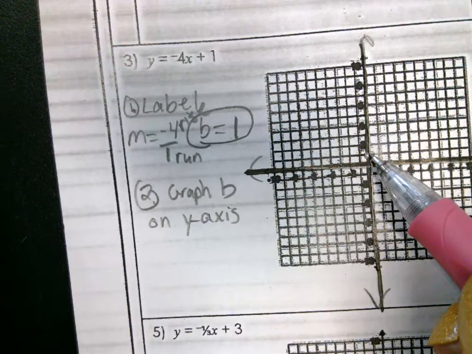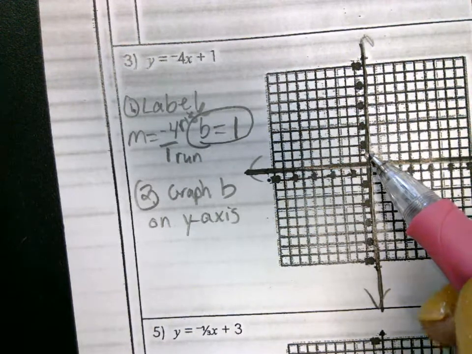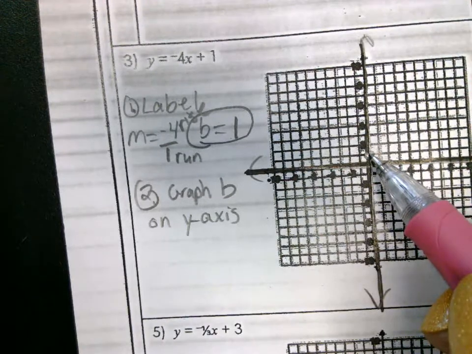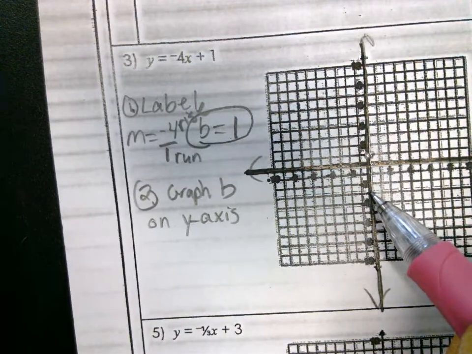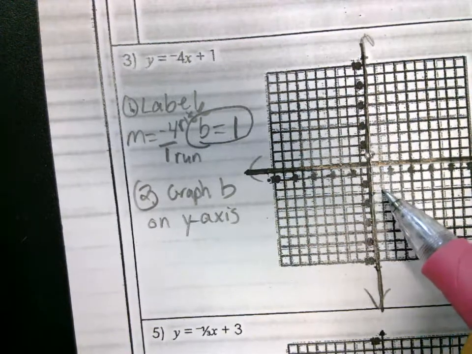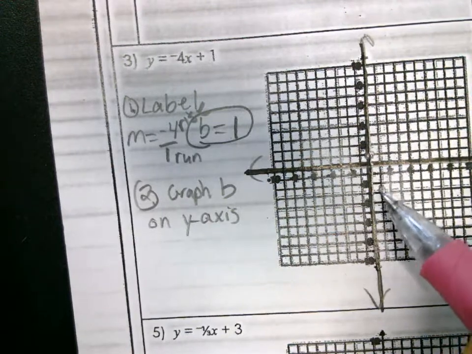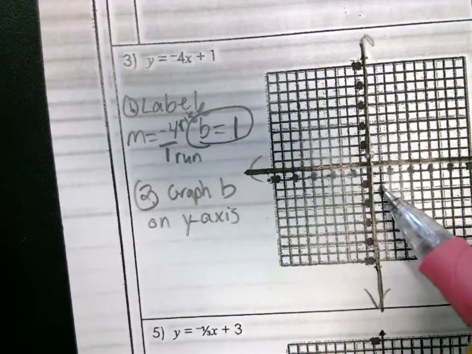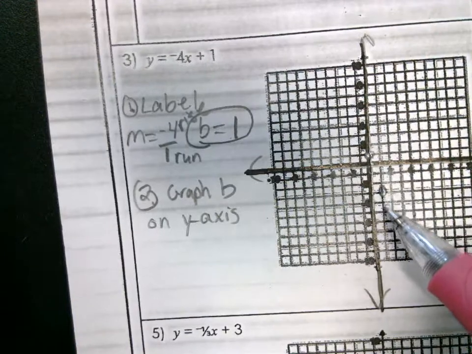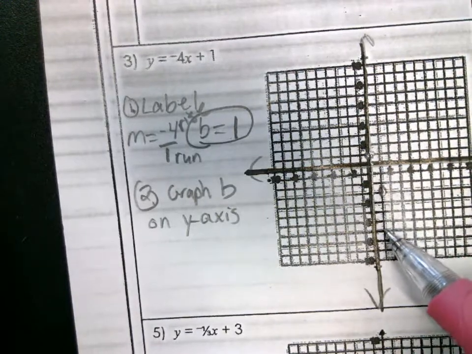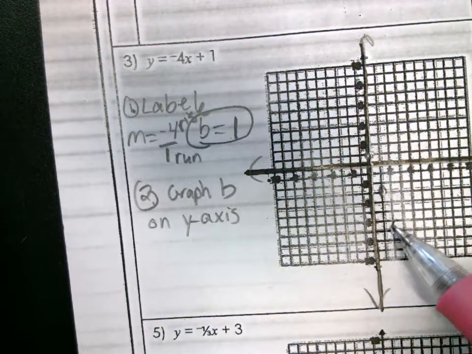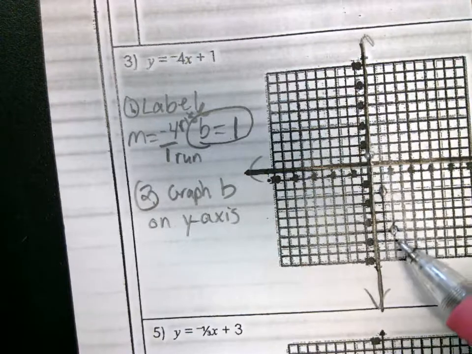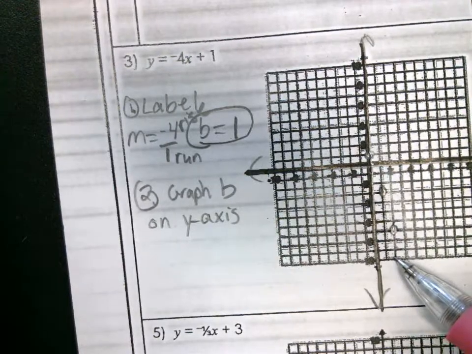Now I'm going to use rise over run to put points on the line. It says rise negative 4. Is that up or down? Down how many? 4: 1, 2, 3, 4. Positive 1 is to the right 1. Put your point there. Do it again. Go down 1, 2, 3, 4. Positive 1 is to the right. Go down 1, 2, 3, and you're out of space.